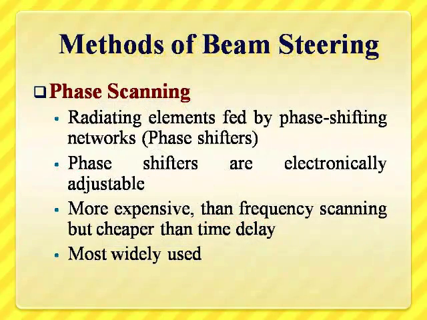Let us understand what exactly is the phase scanning. The radiating elements are fed by phase shifting networks, and they are electronically adjustable. But the other side is they are more expensive than frequency scanning but cheaper than time delay scanning method.